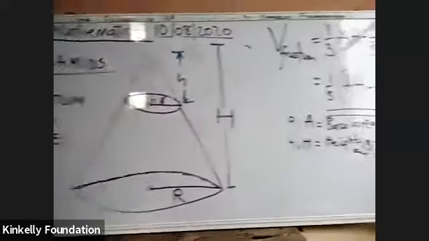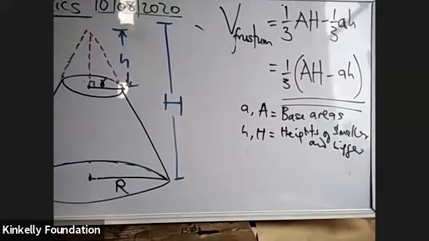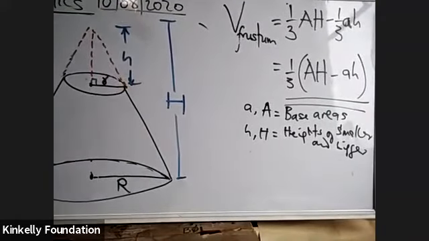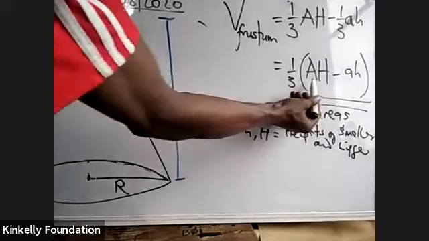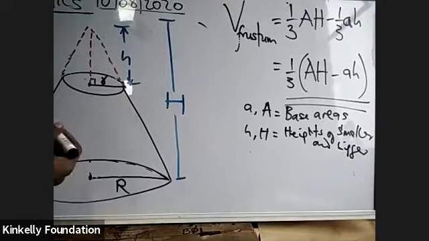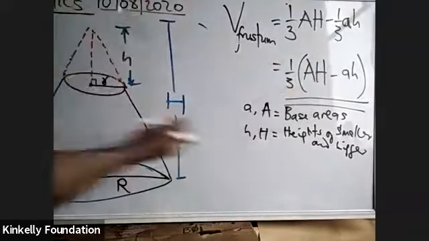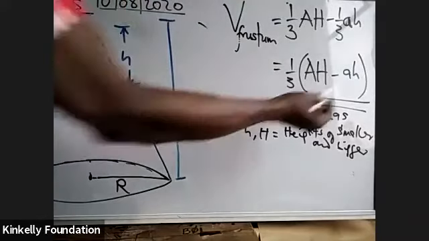Now, using this formula, we notice that the cross-sectional area of the bigger one is a circle, with its height, and the cross-sectional area of the smaller one is also a circle with its height.